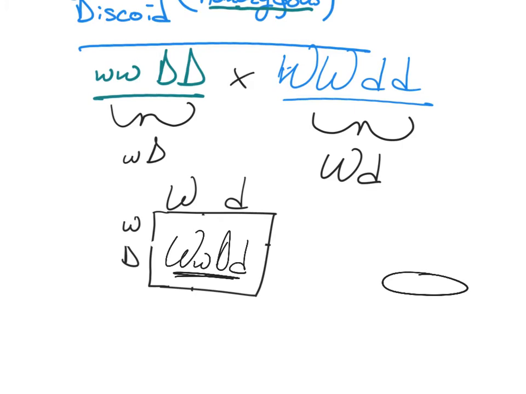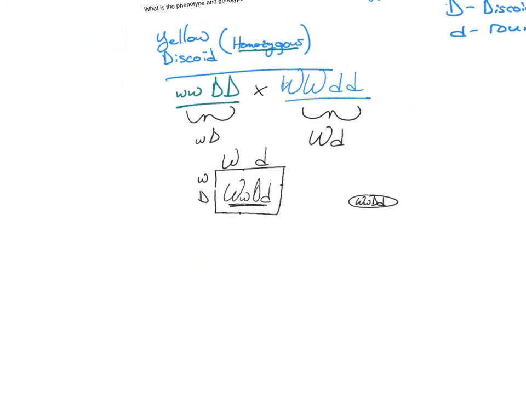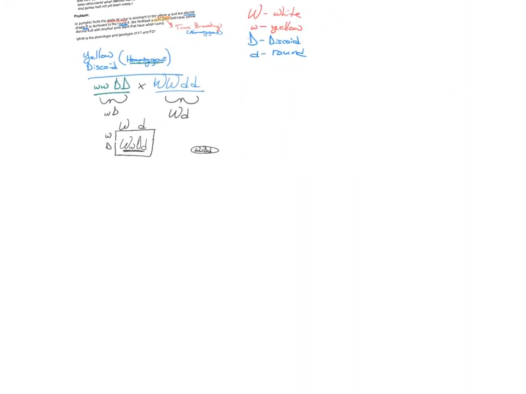But their genes are all going to be big W, little w, big D, little d, which means that when we cross them, now we're going to have a true dihybrid cross, right? Now, when we do the next generation, when we mate these like we just talked about with the peas, you have big W, little w, big D, little d crossed with big W, little w, big D, little d.